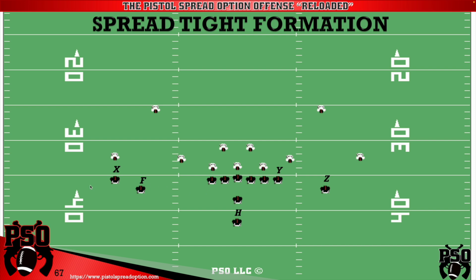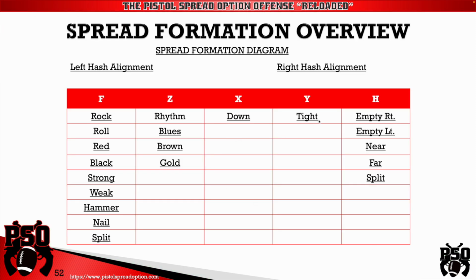So we still have our X out in spread, our F is still in the slot, Z is still in the slot, but our Y, instead of being lined out wide on the numbers, has now moved into the tight end spot. And it gives us a little bit of a different look just by using one word, tight. The tight only talks to the Y. So in this particular case, everybody else lines up in spread, but the Y comes down into his tight position.